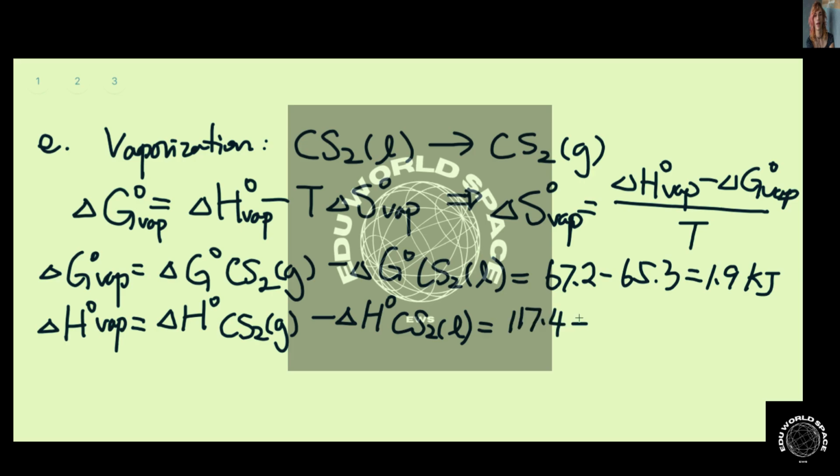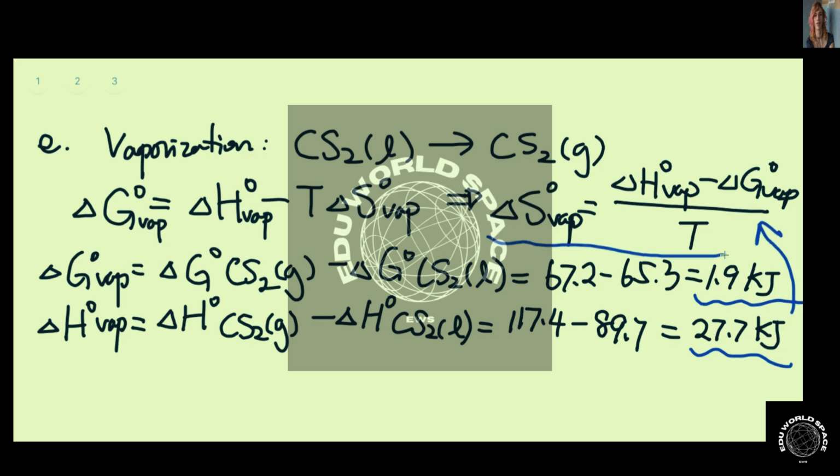And this value is equal to 117.4 minus 89.7, and you will get 27.7 kilojoules. So now you have the delta G and the delta H. We're going to plug these numbers into this equation right here.